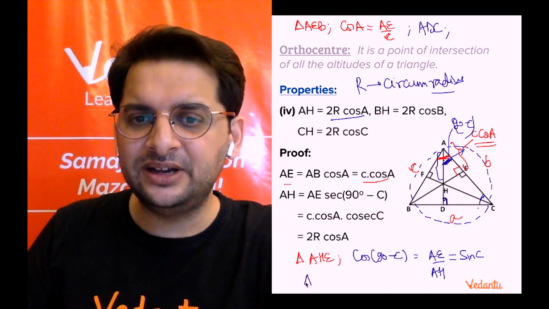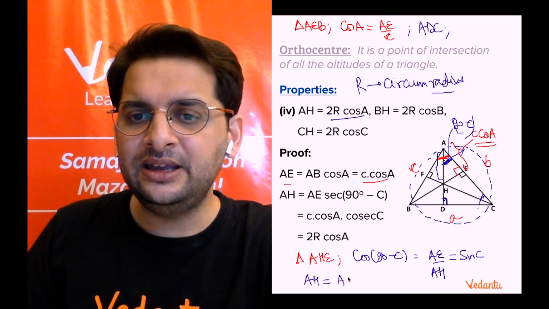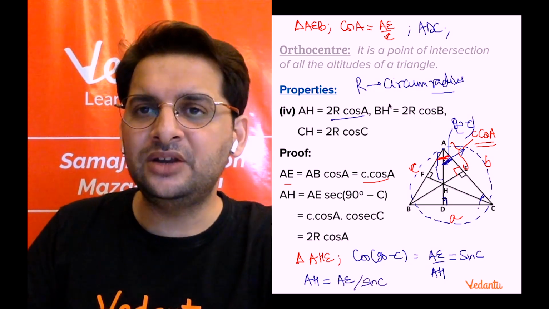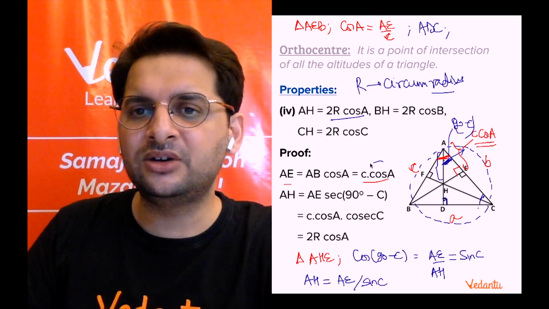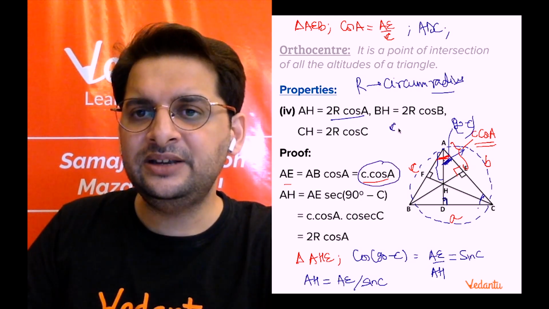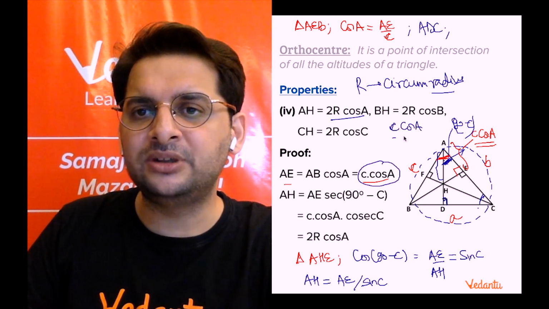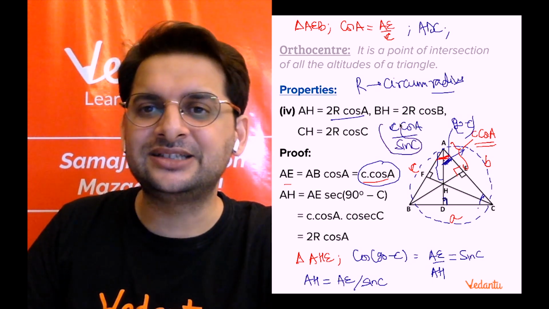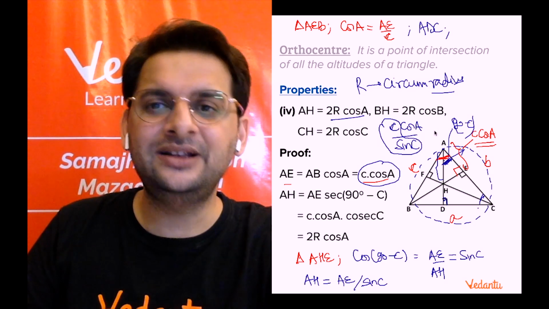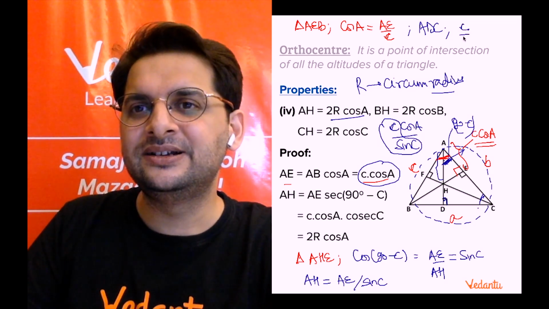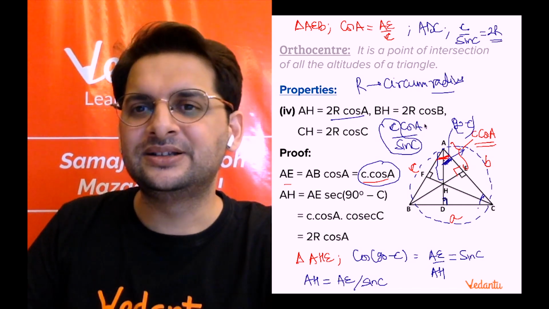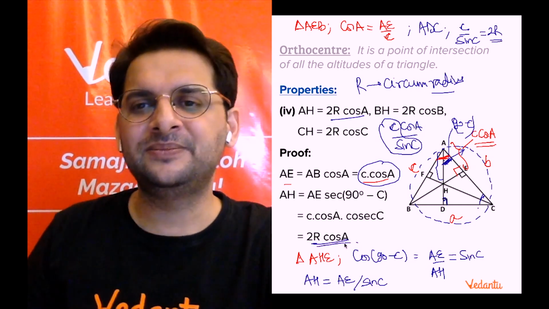So AH, my dear friends, would be AE upon sin C. And if you put the value of AE was C cos A, so C cos A upon sin C. And this is something which we discussed at the start of the session. In any triangle, C upon sin C is 2R. No problem with this. So this value would be 2R cos A.